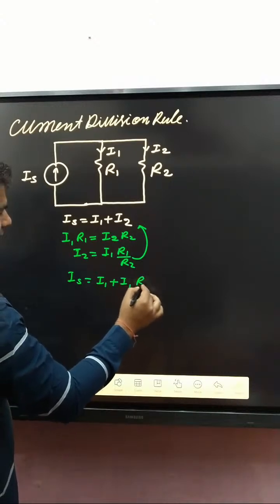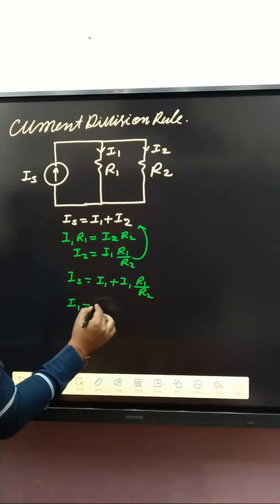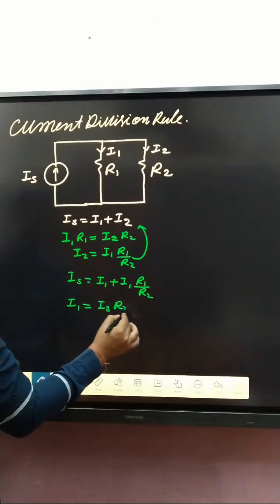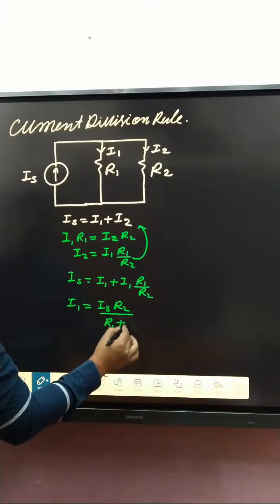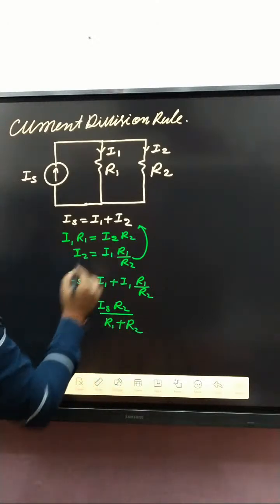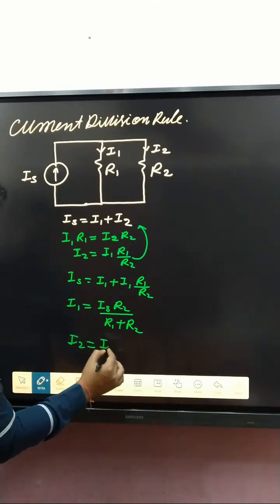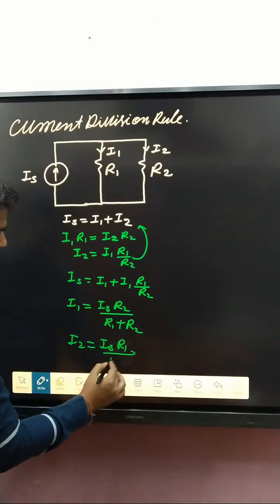I1 into R1 divided by R2. So I1 is written as IS into R2 divided by R1 plus R2. Clear or not? If that value is put here, then we get I2 as IS into R1 divided by R1 plus R2.